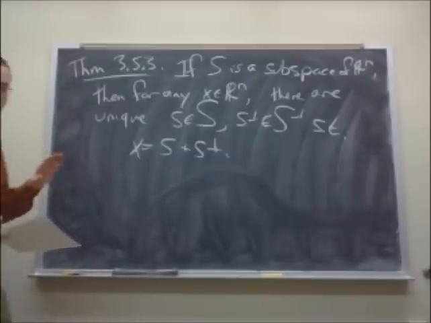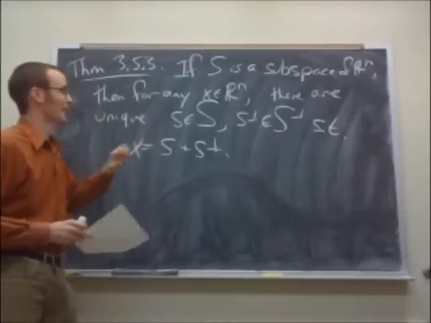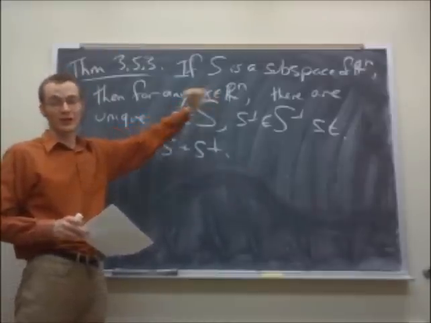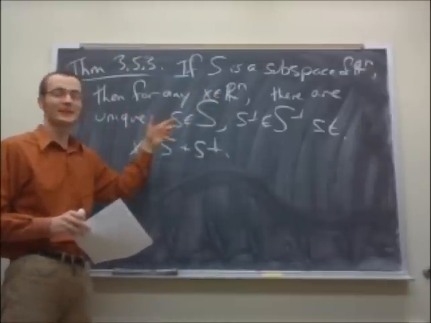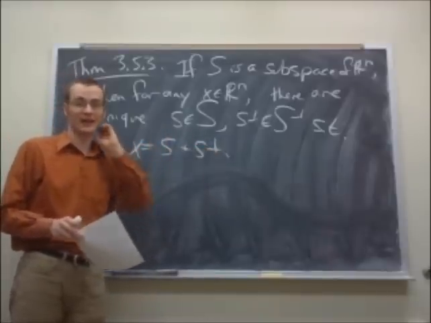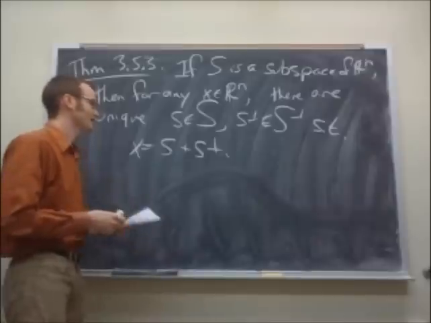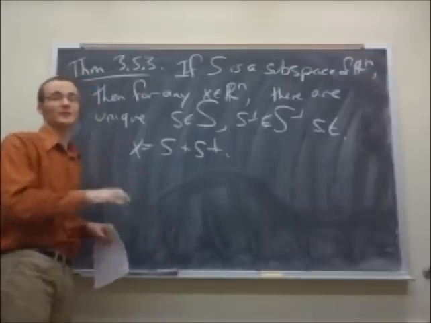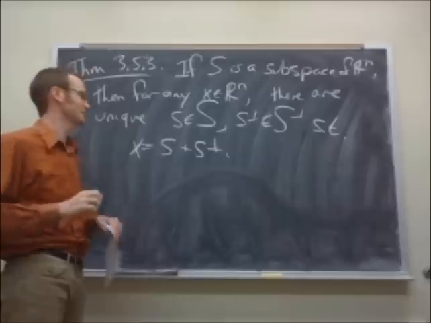So, again, what this is saying is any vector in Rn can be decomposed, can be split into something in S and something perpendicular to S. And this is a unique thing, which is important. This is a unique decomposition.